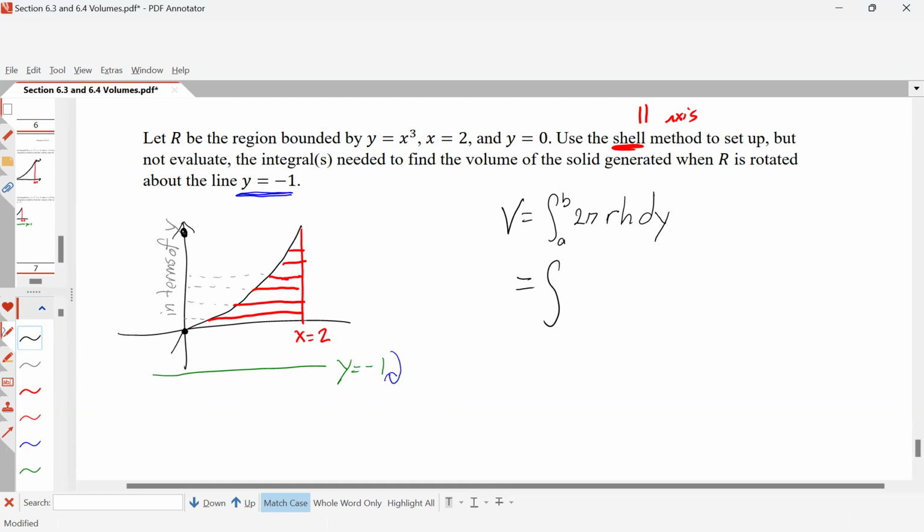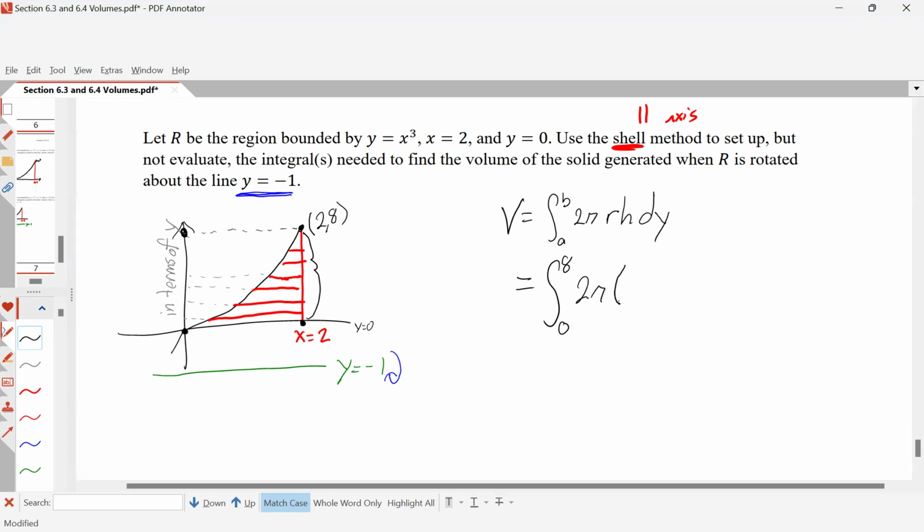But now, where is the region in terms of y? It is going from the x-axis, y equals 0, up to this point where x equals 2. And if x equals 2, we know by the equation y equals x cubed that y equals 8. So we're going between 0 and 8. So our bounds are 0 and 8, 2 pi.